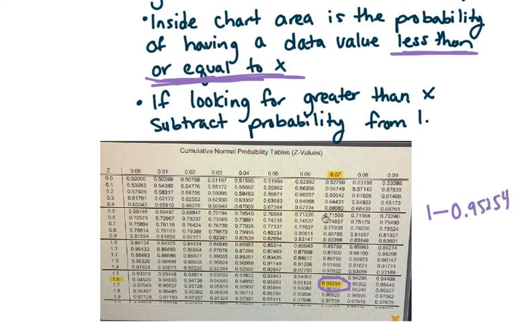So for less than, you can look right at your value, and that's your answer. But if it's greater than, then you have to take the probability and subtract it from 1. That's really, really important. All right, let's continue on.